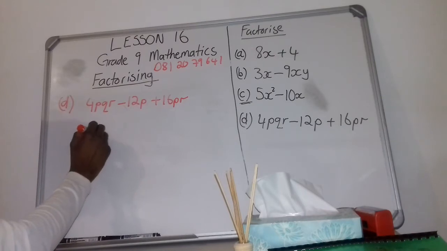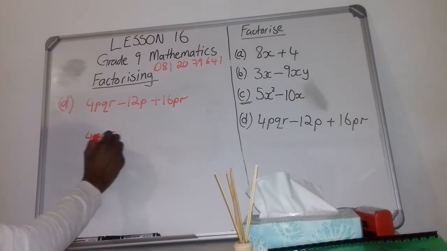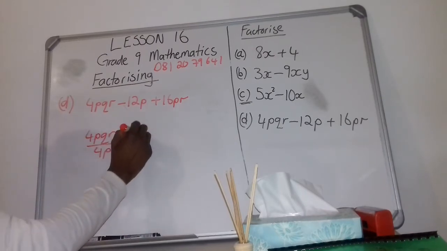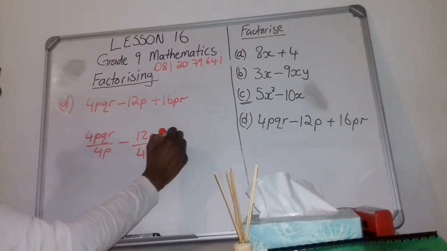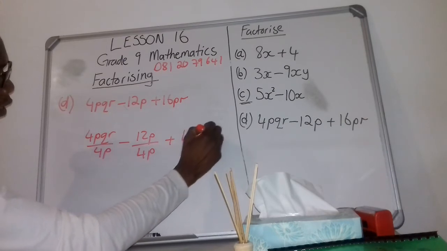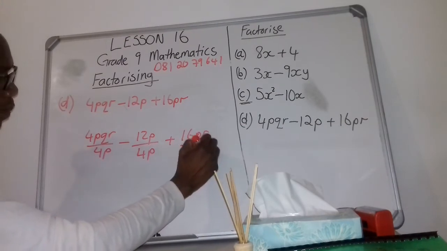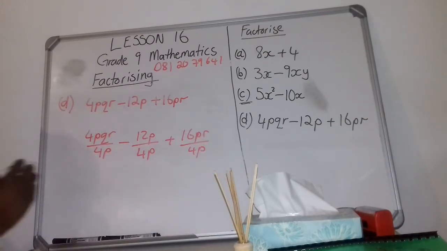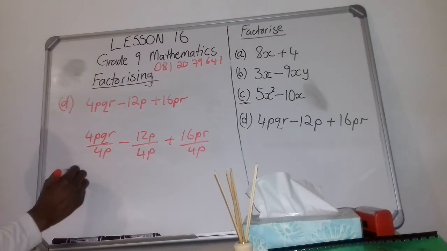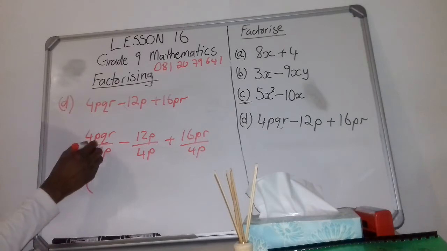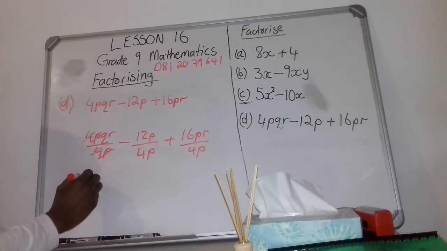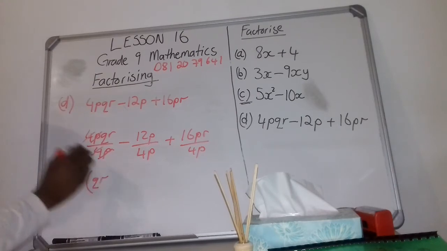So 4PQR divided by 4P minus 12P divided by 4P plus 16PR divided by 4P. So 4P goes outside the bracket. The 4 will cancel, the P will cancel, we'll just end up with QR here.